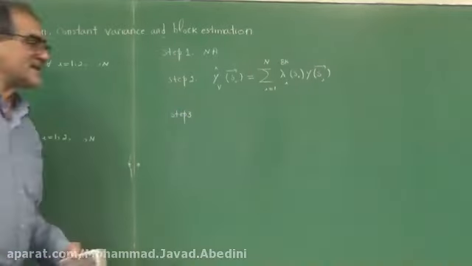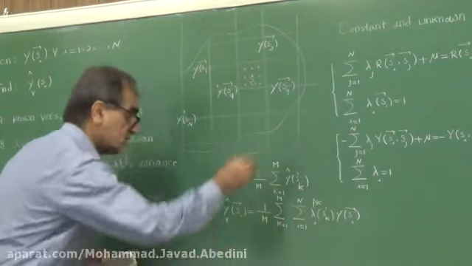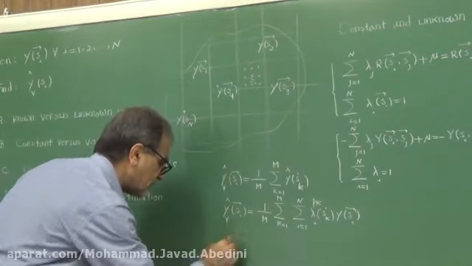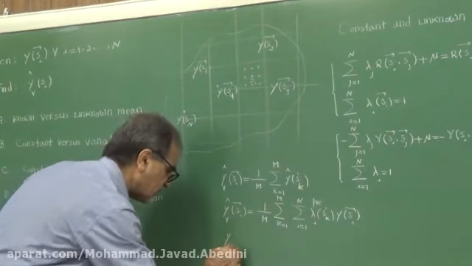Therefore, the true value of Y over block V index at S0 can be written as 1 over M summation k from 1 to M true value of Y at each point.